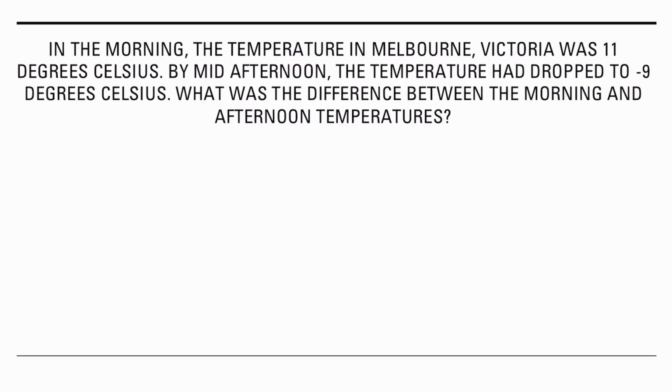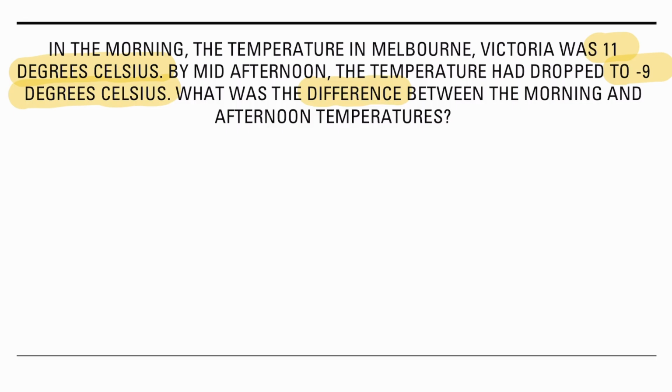So here we can see a keyword, which would be the difference. So remember, difference indicates subtraction. We also want to find the difference between the morning and the afternoon temperatures. So we've got 11 degrees Celsius and -9 degrees Celsius. And so that's basically everything that we need from this sentence.